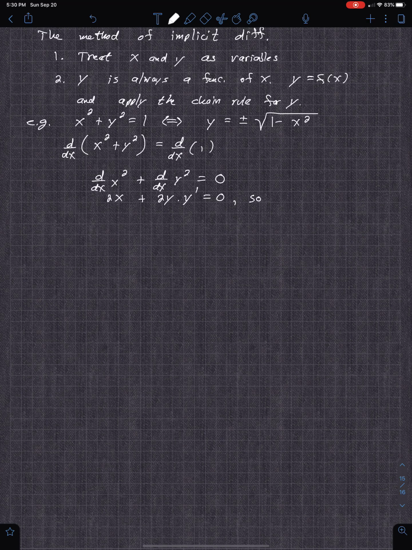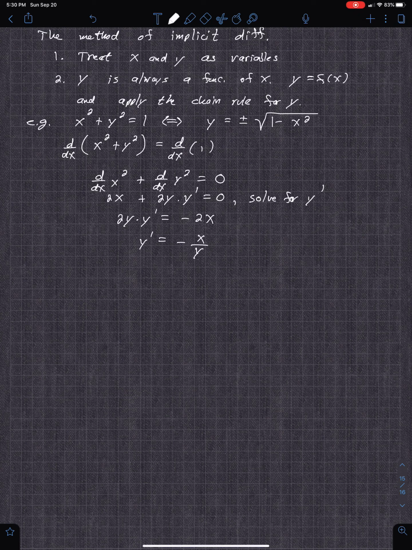And then we can solve for y prime. So 2y times y prime is equal to negative 2x. So y prime is equal to negative x over y. So I reduced the 2, right? You can reduce the 2.